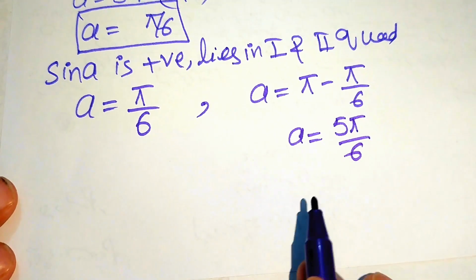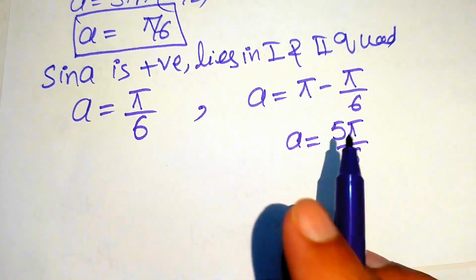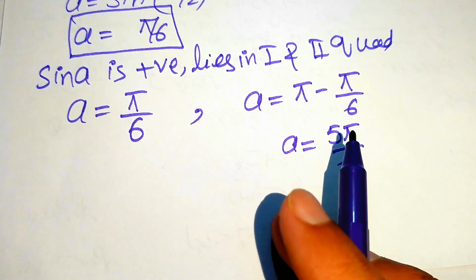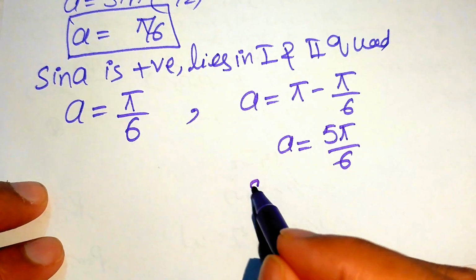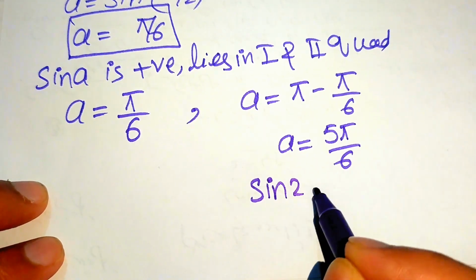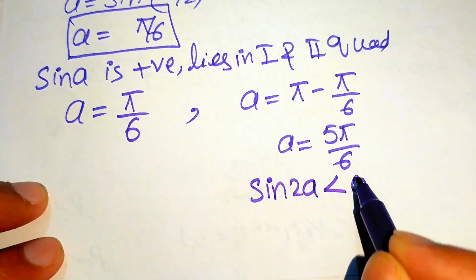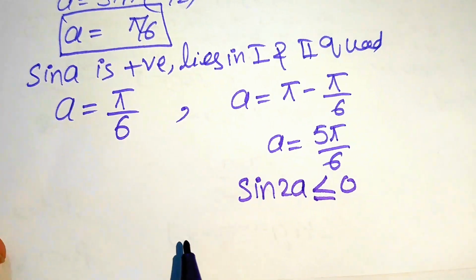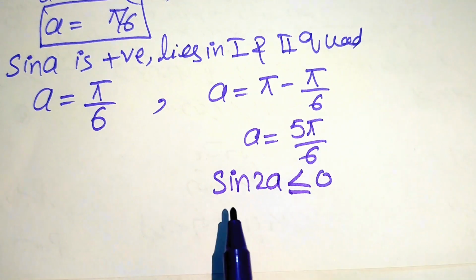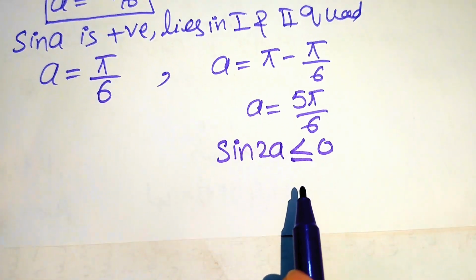But here you remember one thing: if a is pi by 6, then sin 2a is less than or equal to 0.